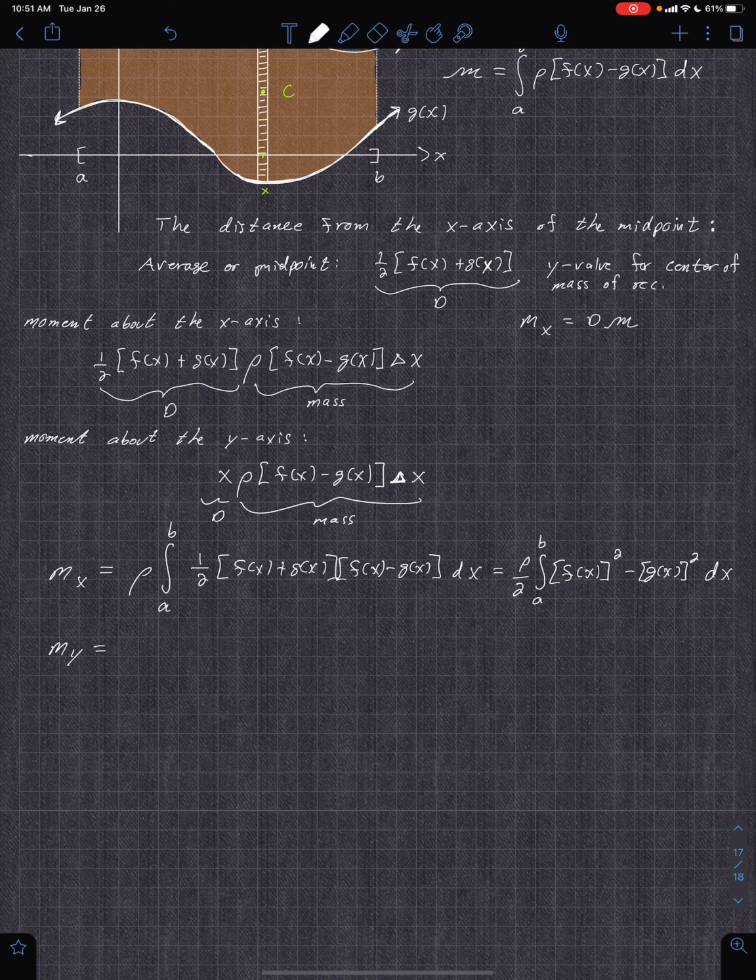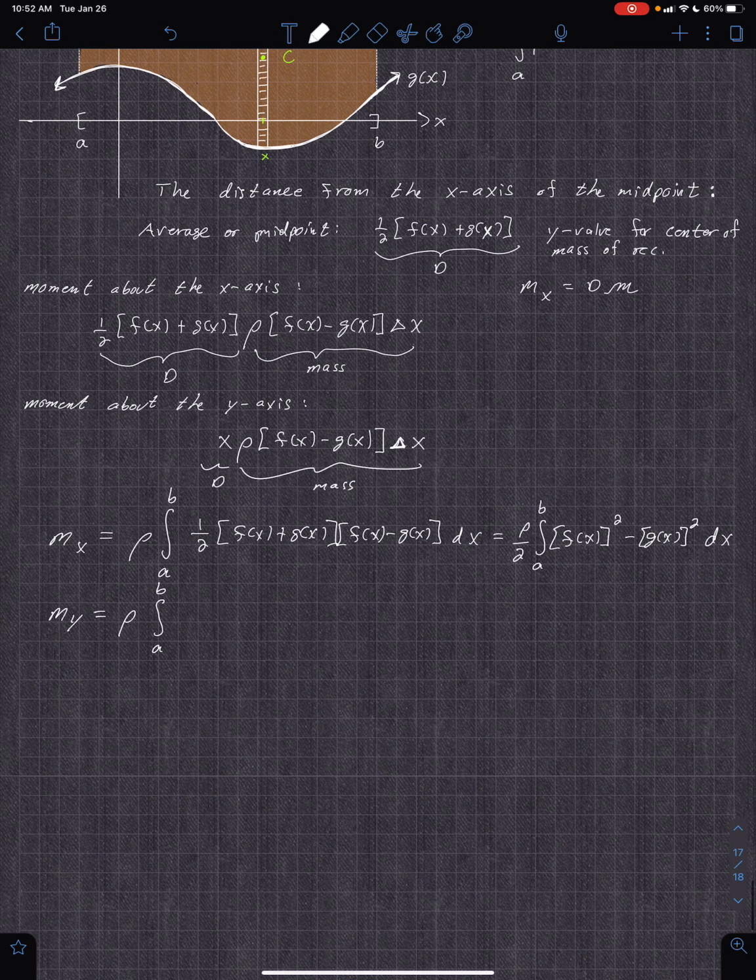Moment about the y, you just put in the rest of the stuff again. It's rho, integral from A to B, then it's x times f of x minus g of x dx.